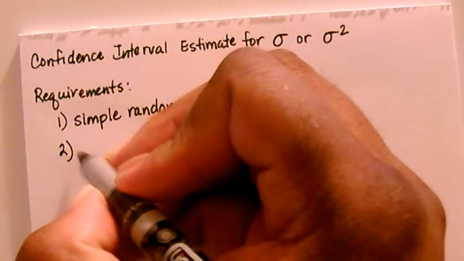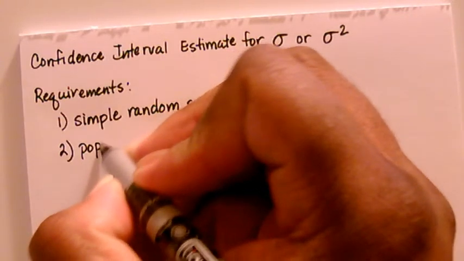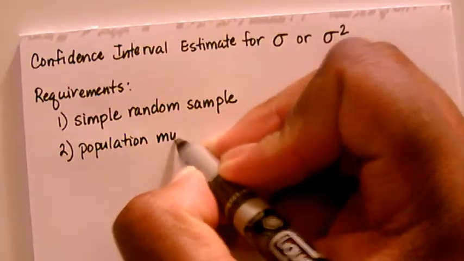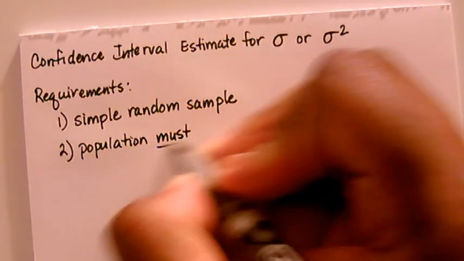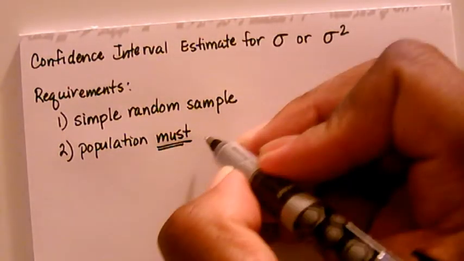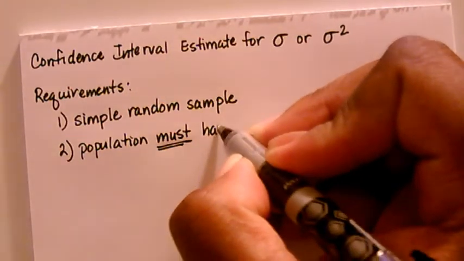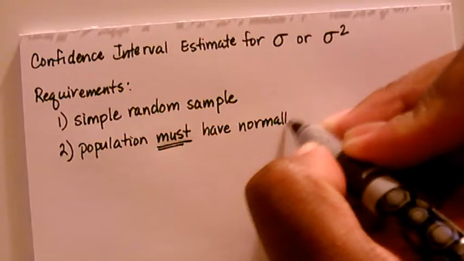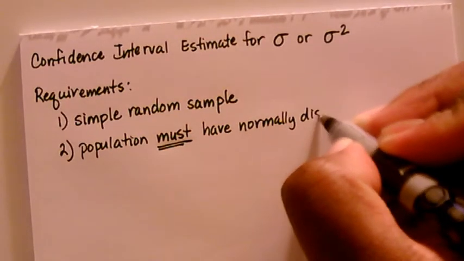And number two, and this is very important here, the population must have normally distributed values.